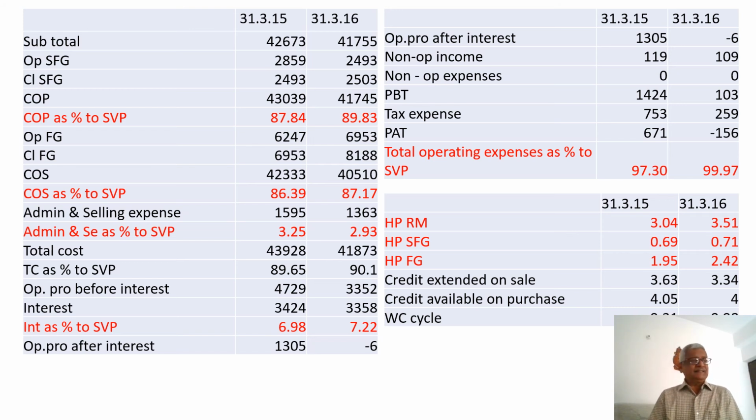Similarly, on an average, how many months of the finished goods the company is holding. If you look at here, the raw material holding period had increased from 3.04 to 3.51. Though in terms of percentage, it is only 0.47%, we need to understand the reason for this hike.